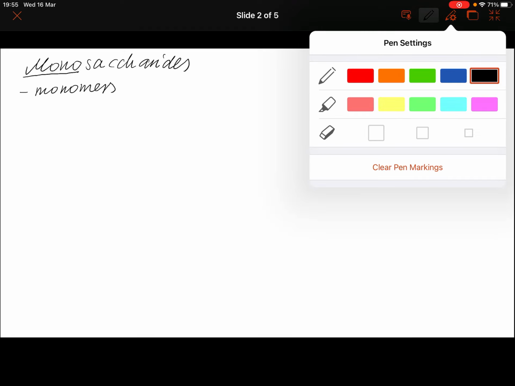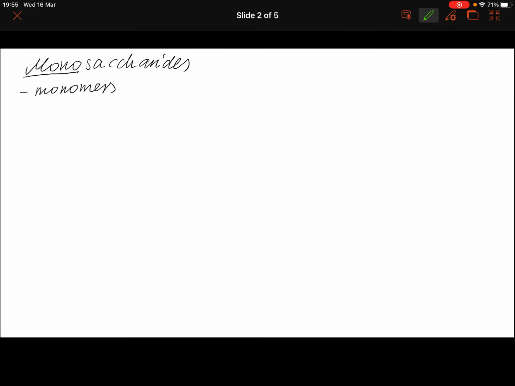Two main groups, examples of the monosaccharides that we're coming across in A levels, are hexoses. Hexoses have 6 carbons. The examples of the hexoses are glucose.